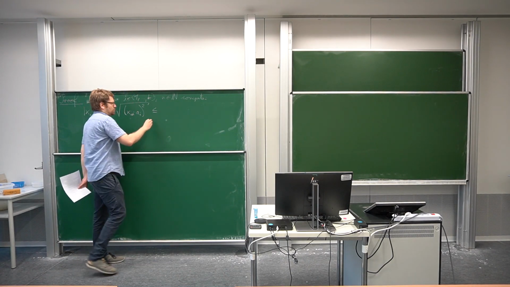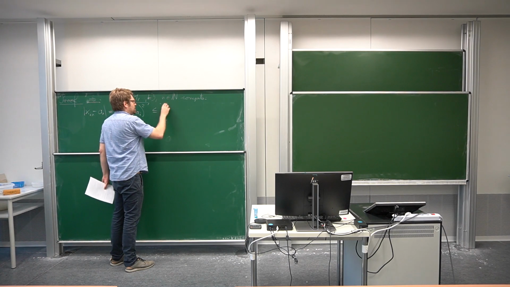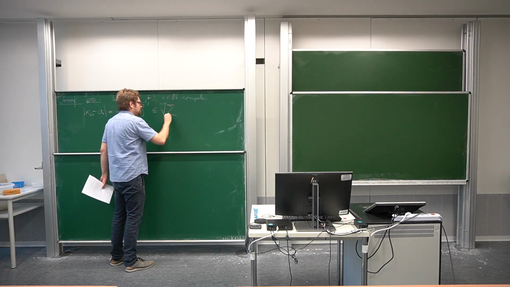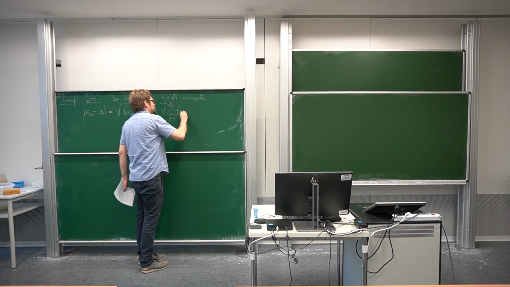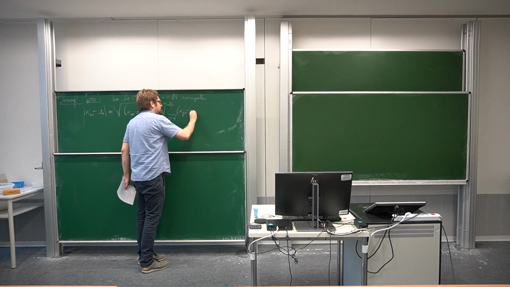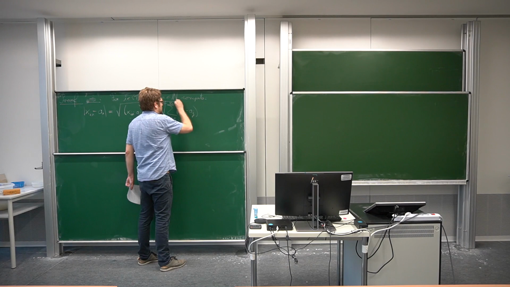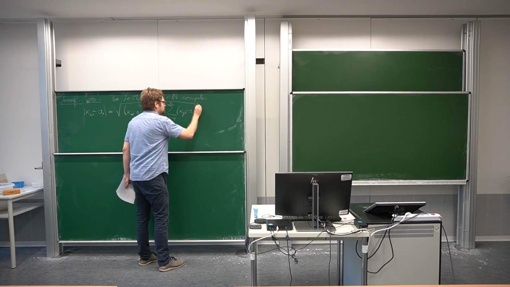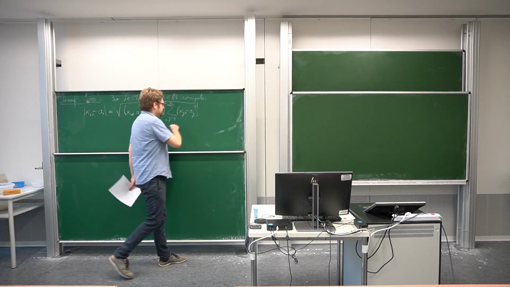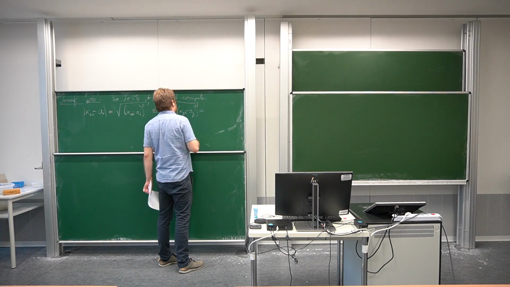Namely, this is smaller than or equal to the square root of, and now let's add the whole party, the sum over j from 1 to k of (x_jn minus a_j) squared. This is now by definition just the Euclidean metric.